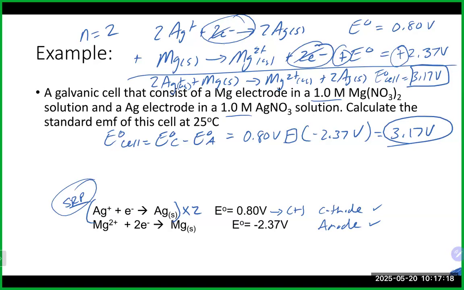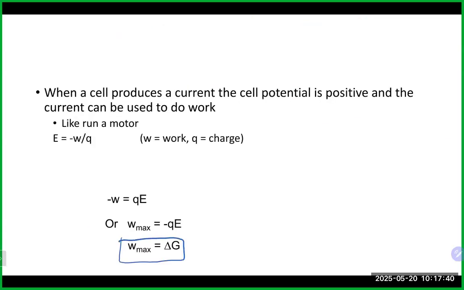It is the total number of electrons that's being lost by one and going to the other. So if you had something like this, N would equal 2 in this case, not 4. So that's really important. It really is just the number of balanced electrons in each half reaction, because those are the same electrons going from the anode to the cathode. And that is how you would get the N value in that particular case.